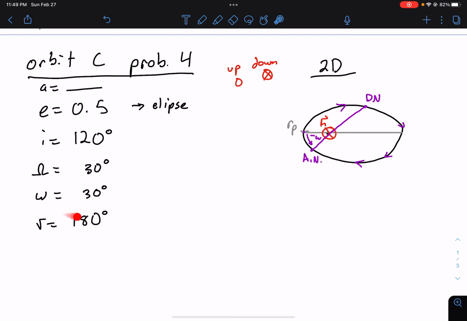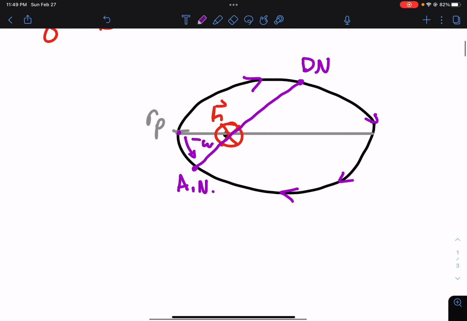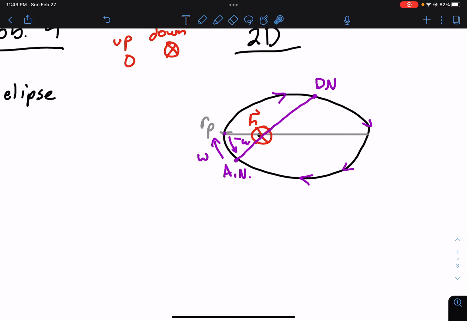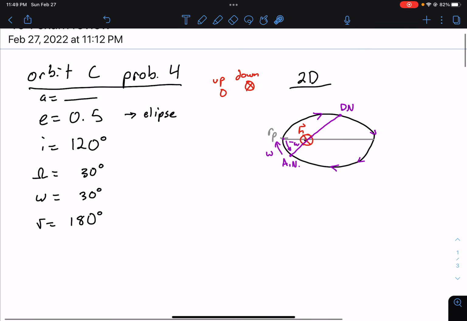Well, small omega is defined as the angle from our ascending node to our periapsis. So if I really wanted, all I would have to do is just define this as omega, which is true. But we are kind of going backwards here, so it's negative omega, and that's okay.